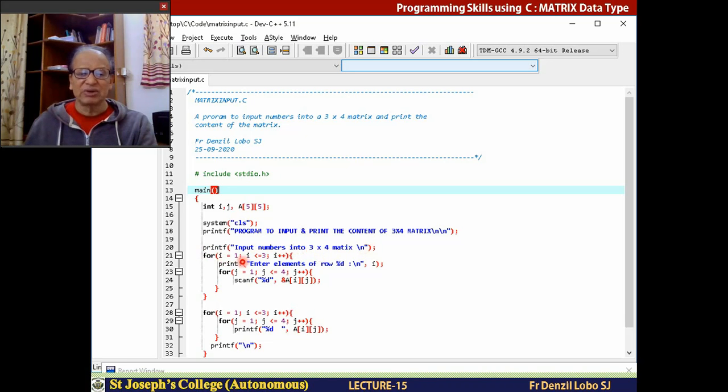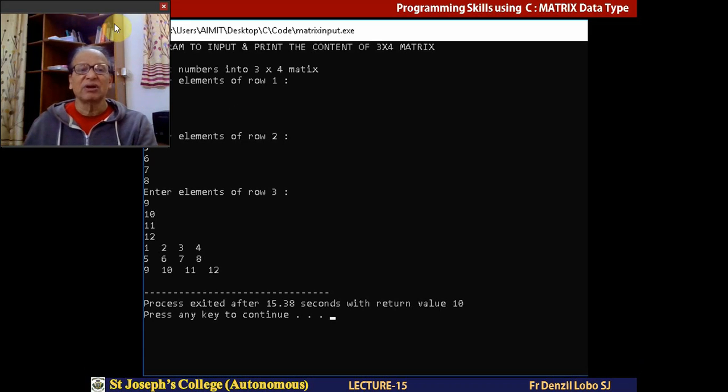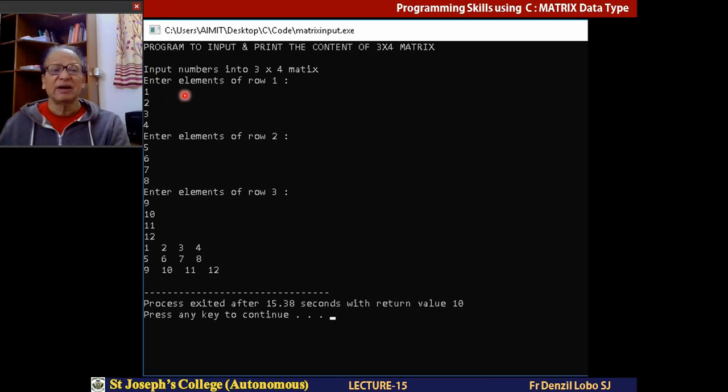So therefore for i is equal to 1, i less than or equal to 3, i plus plus, then I enter the elements of the row, which row, and then for j, scanf with ampersand a[i][j], and then you print the content of that matrix. So this is what we have done here, as you see.